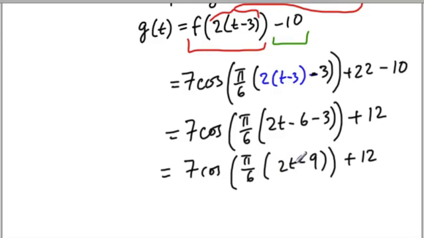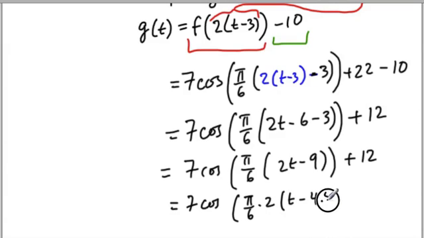Now, you never want to leave t with a coefficient in front. You want to factor out this 2. So if I factor out the 2, this 9 will be divided by 2 and become 4.5. So this will become 7 cos pi over 6 times 2 times t minus 4.5.